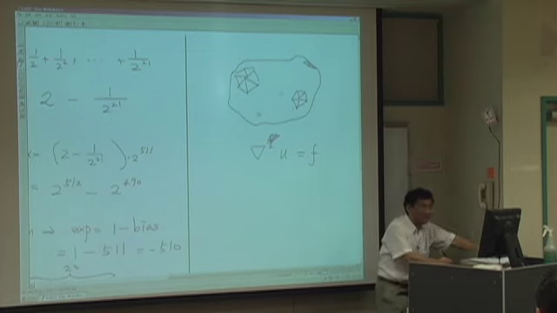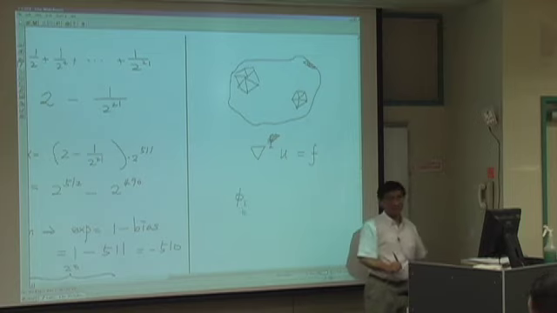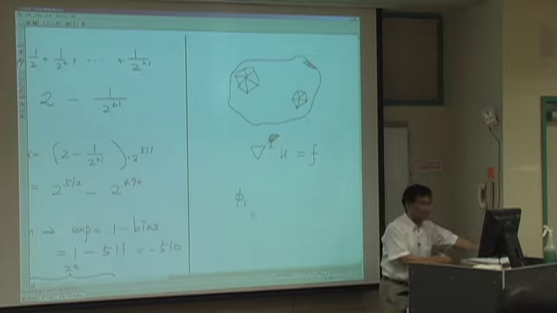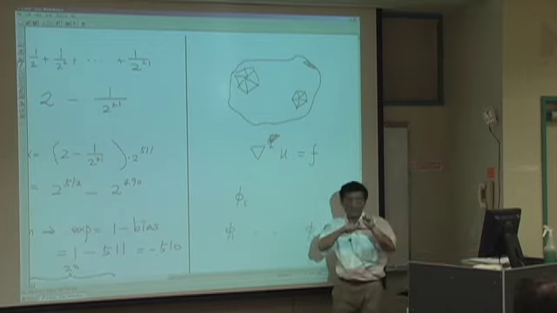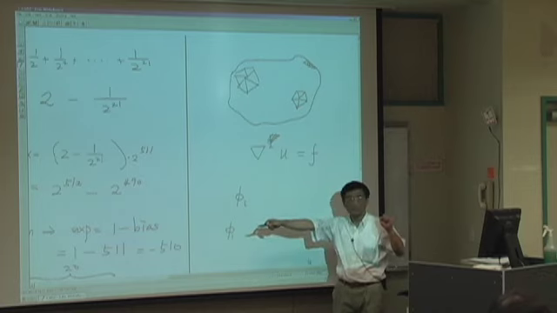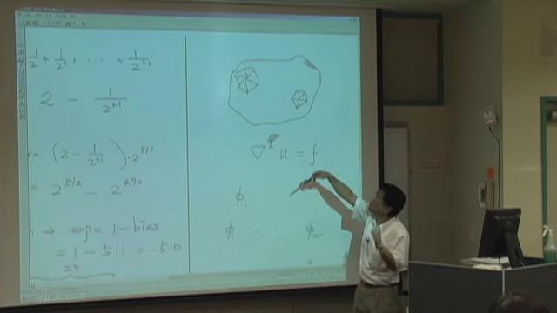Roughly, this is the idea. At each position, we define a basis function like this, right? So we define basis functions phi1 up to, say, phi200, covering the whole domain.